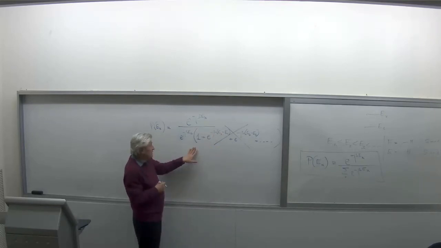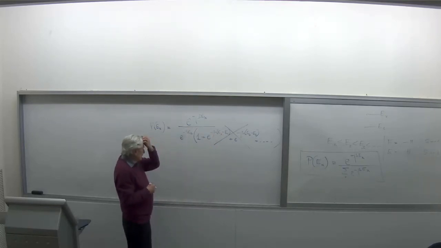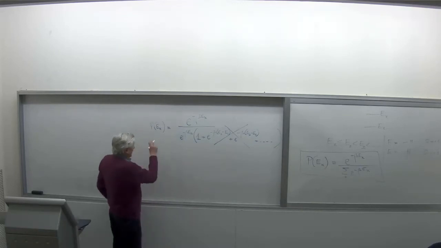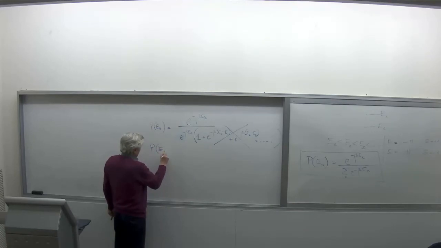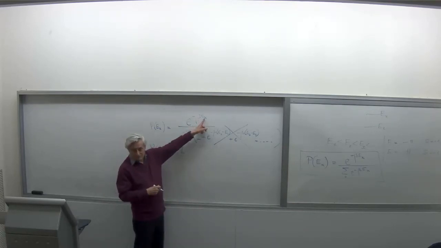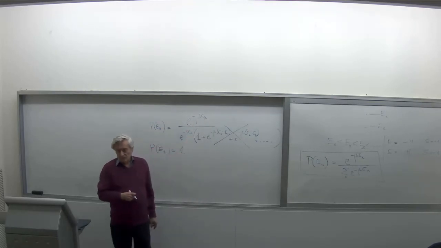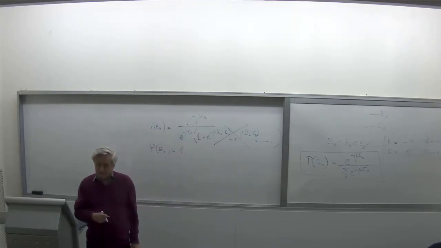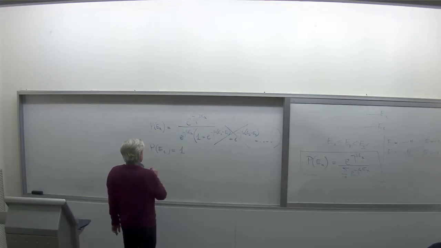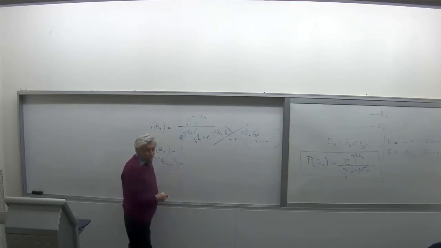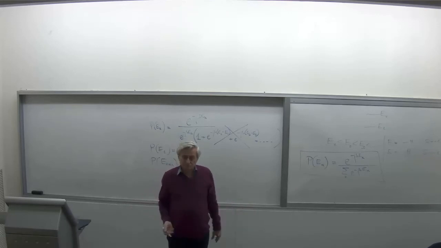You have 1 here, and now it depends. For k equal 1, P of E1 is 1. But for k other than 1, what is it? 0.